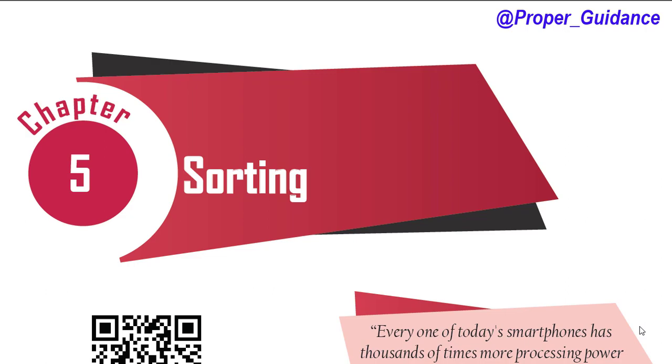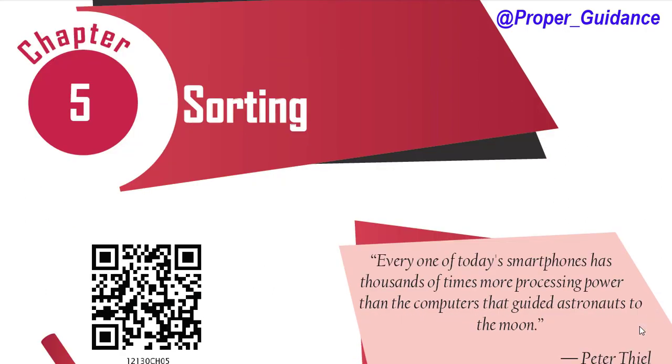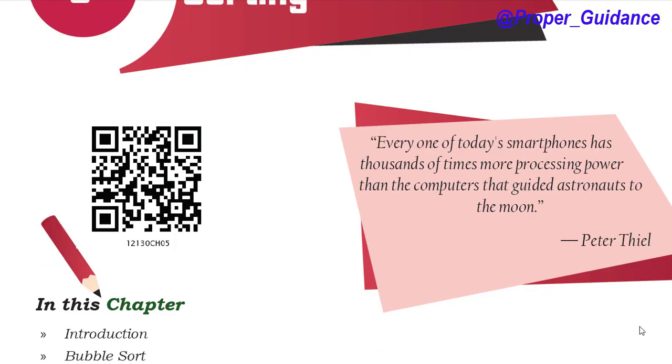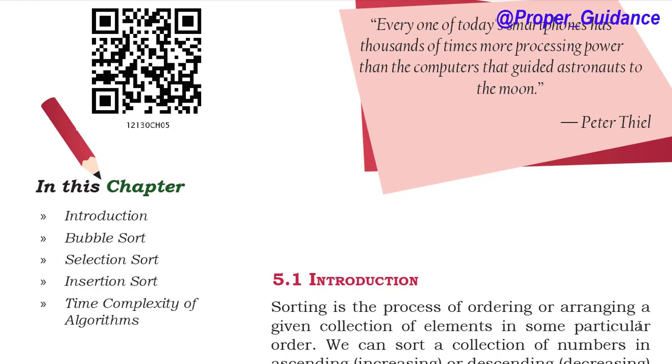Here we are today to discuss chapter number 5 of class 12 computer science, and this is about sorting techniques in computer science. In this chapter we will learn bubble sort, selection sort, insertion sort and time complexity of algorithms.